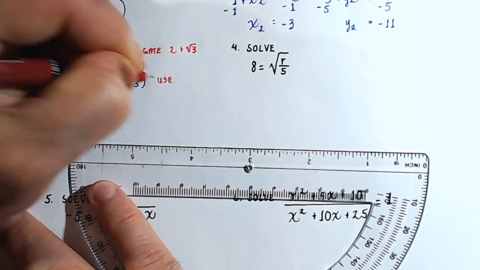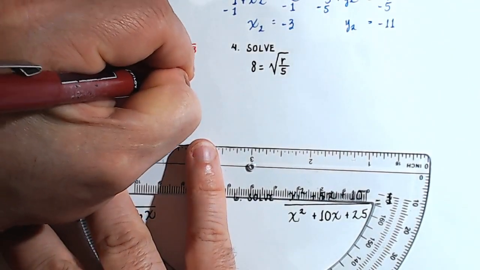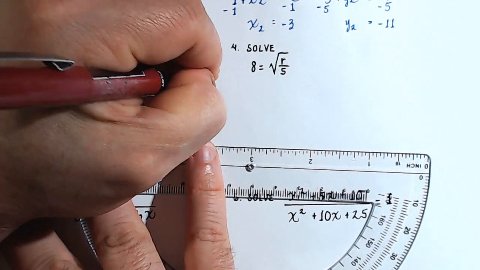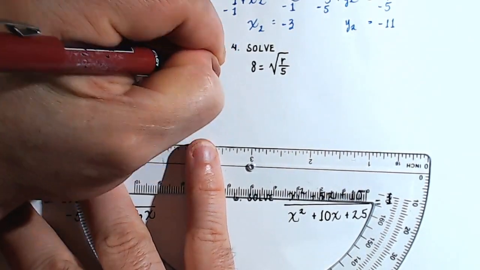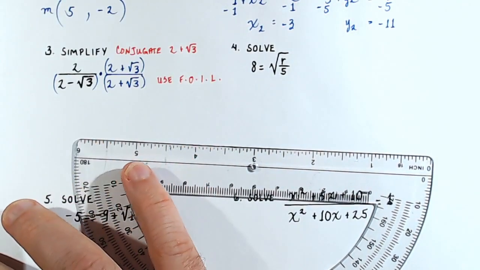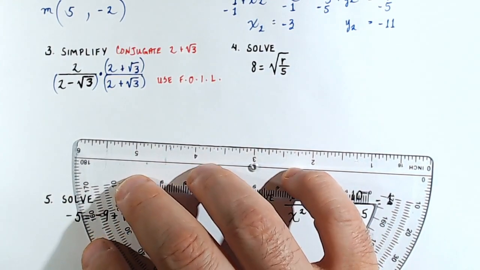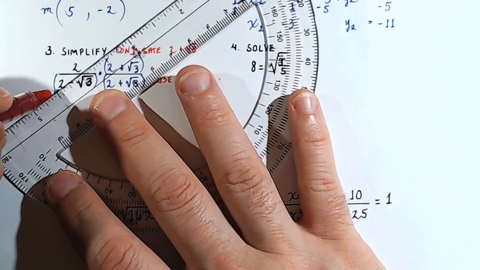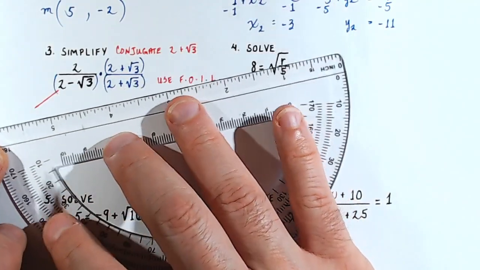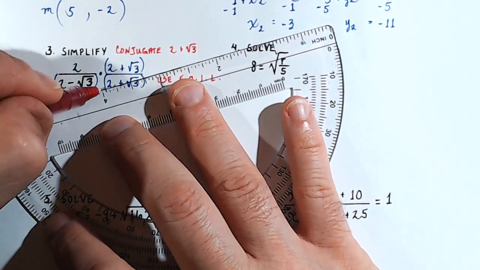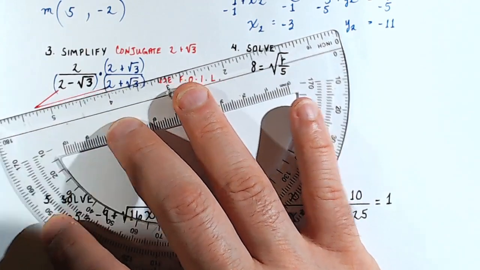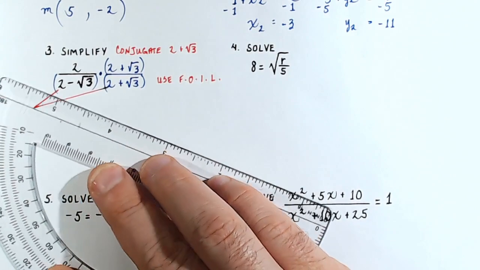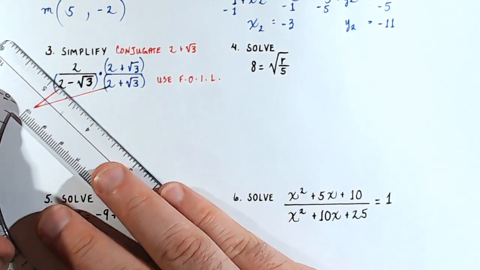Use the FOIL method: first, outer, inner, last. It's pretty fascinating what's going to happen here in a moment. But let's draw those lines that at least help us know what to do. So first terms are 2 times 2. So that's where they will go, multiplied together. The outer terms are 2 times the square root of 3. And we'll put those guys right here.